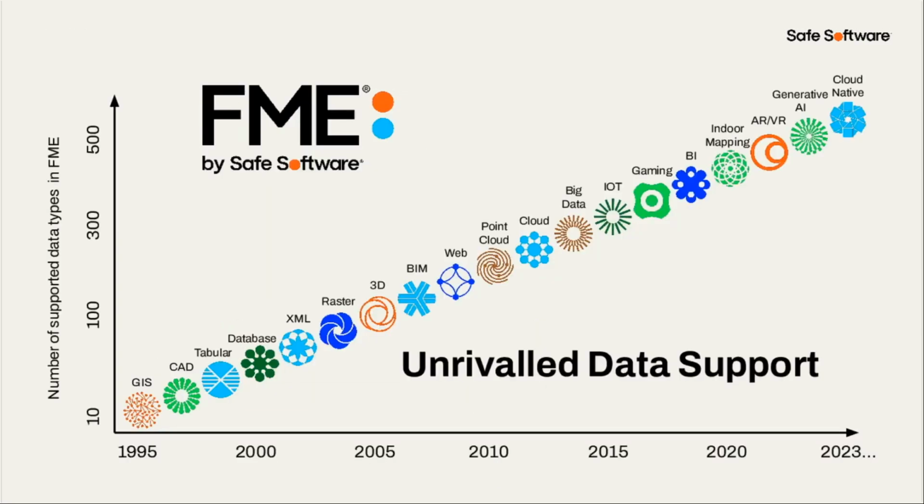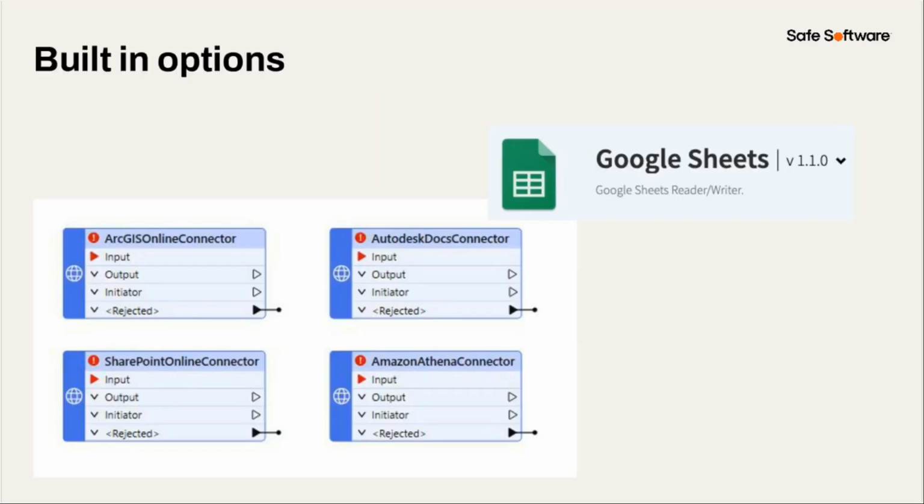FME started with spatial data, but now we have support for all data. This is a little bit of our history of how we built our support for all of the different data integrations. In FME, we also have some built-in options.